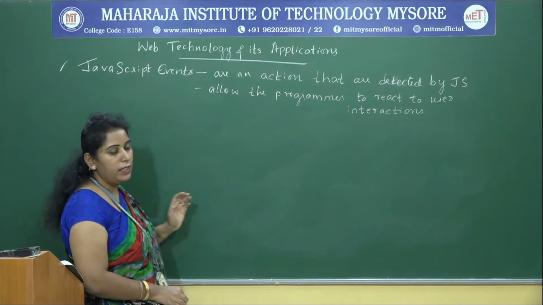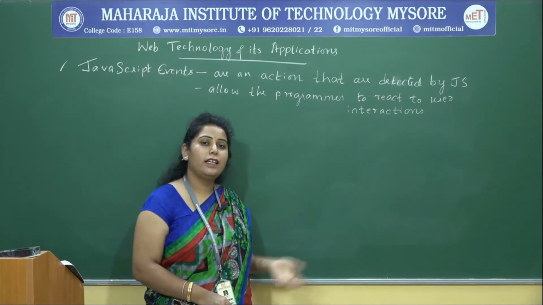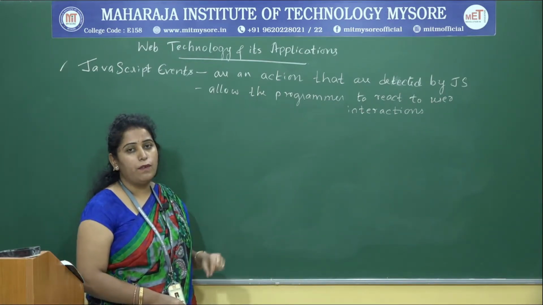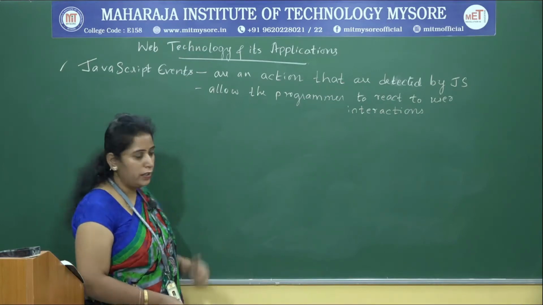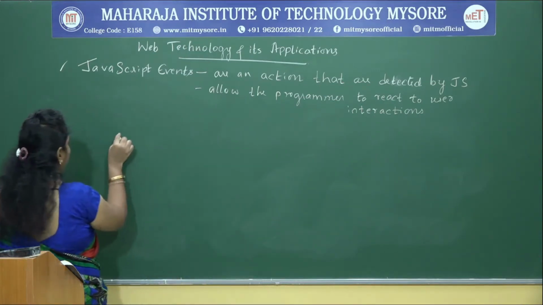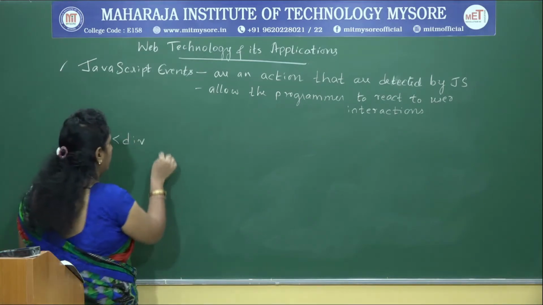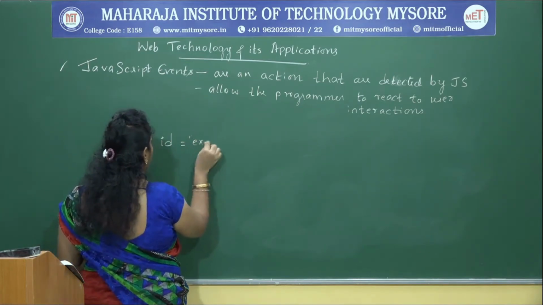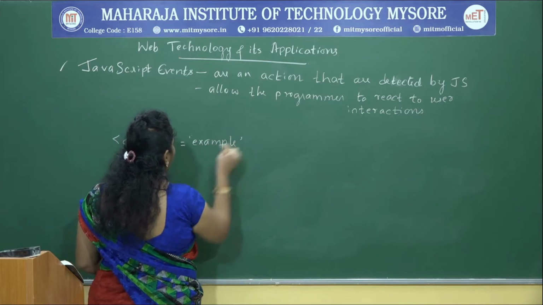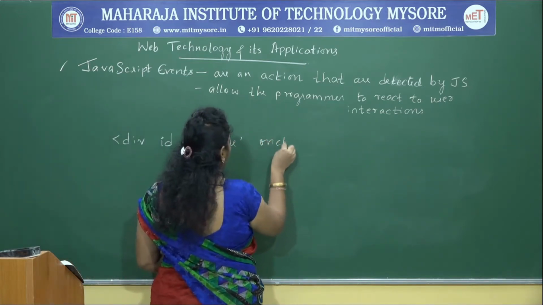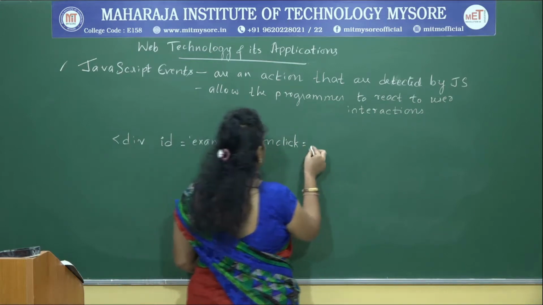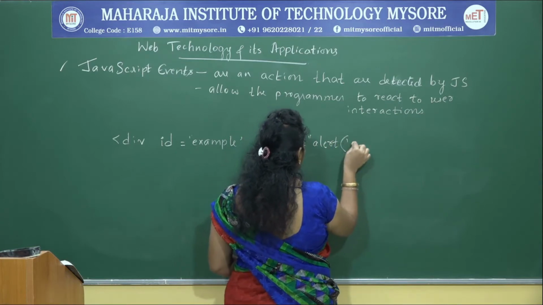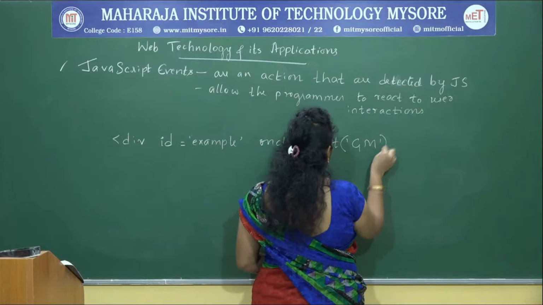Firstly, in the earlier days of web development, we can notice that HTML code and JavaScript code were woven together. For example, take a div element with id as an attribute, where id is example, and onclick equals, when you click on it, it calls alert and prints a message, good morning.